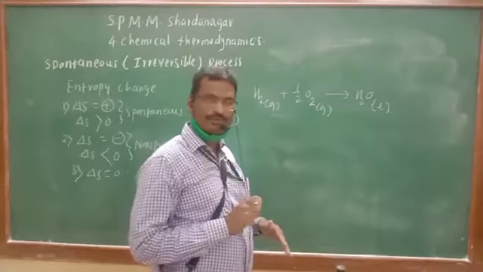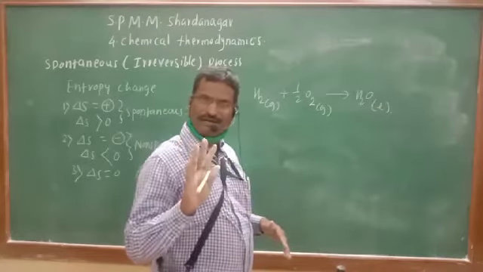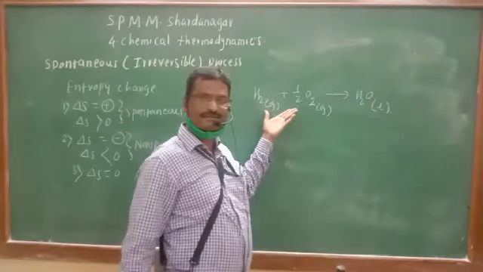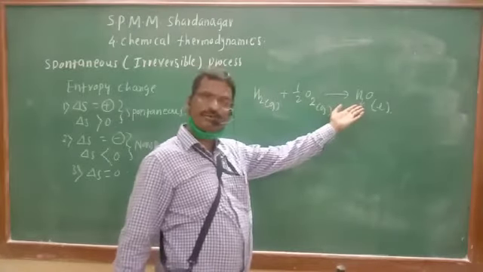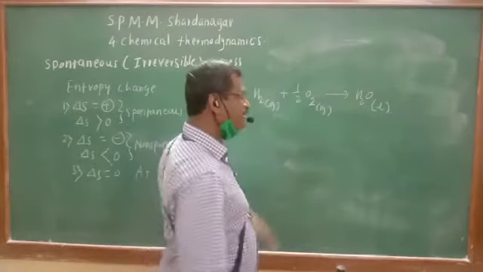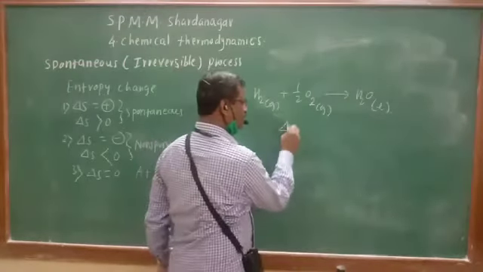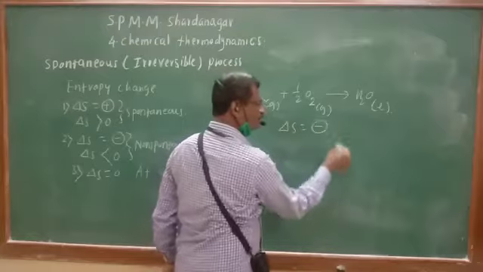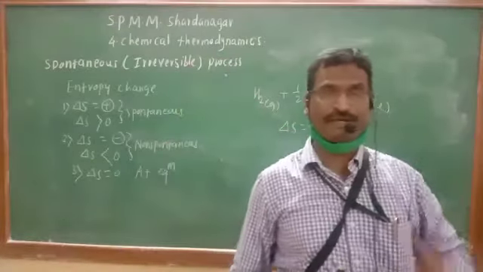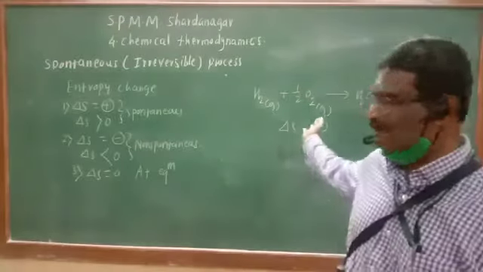Because I have told you, measure of randomness, disorder is maximum in the gases and less in the liquid as compared with the gases. Therefore, entropy decreases. So, for this reaction, delta S is negative. So, this reaction should be non-spontaneous. But this is a spontaneous reaction.